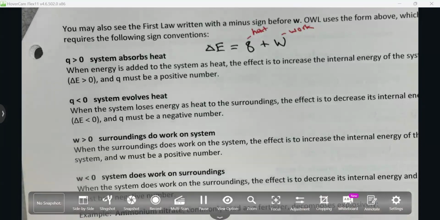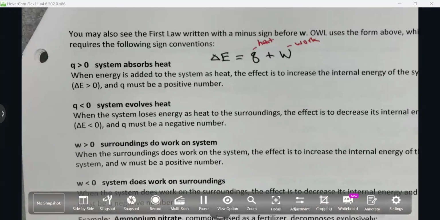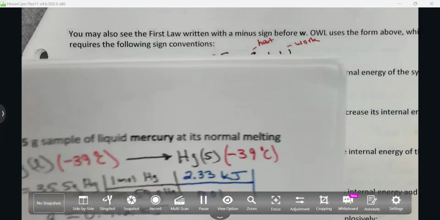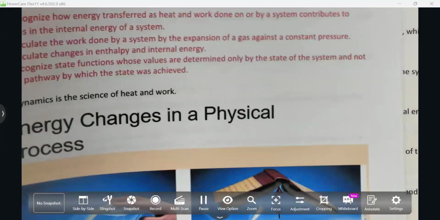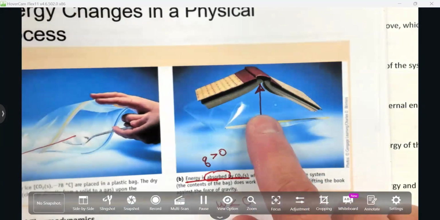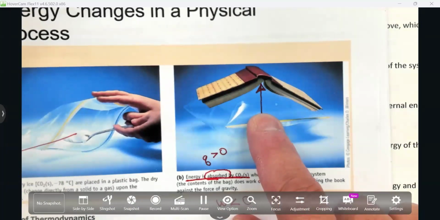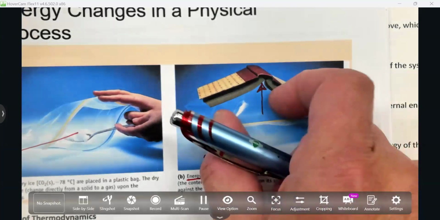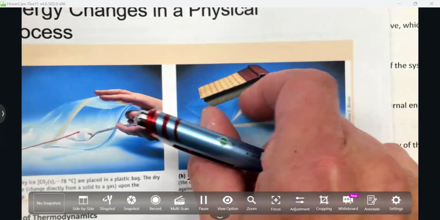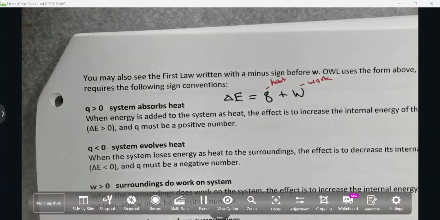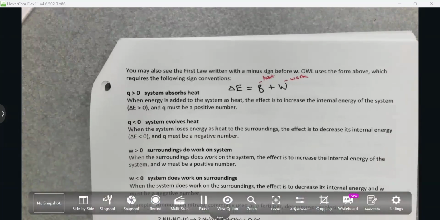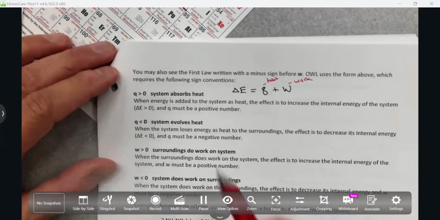Now, this would be no different here than, and we talked about this previously, if I put just regular ice in that bag, it's going to melt. How's it going to melt? It's going to take energy in from the surroundings. So we've got to make sure we just keep track of our sign convention here.